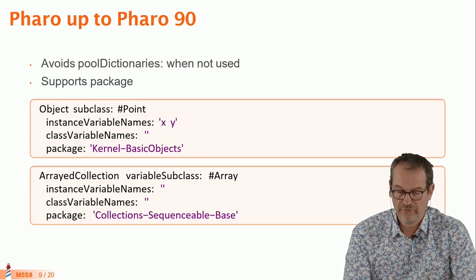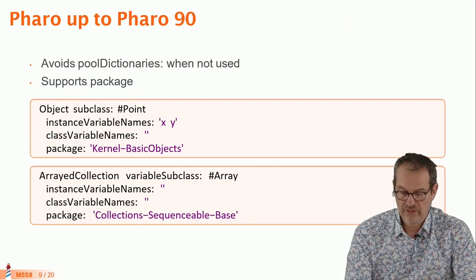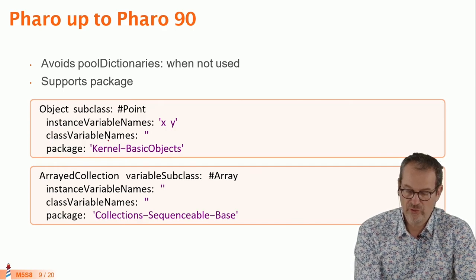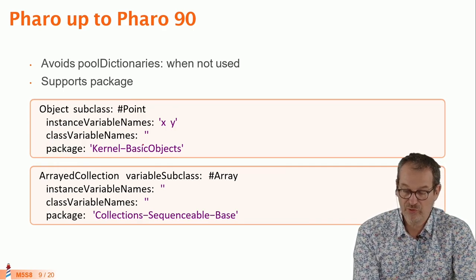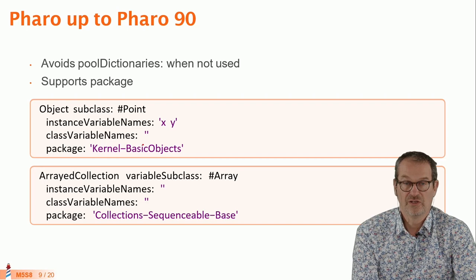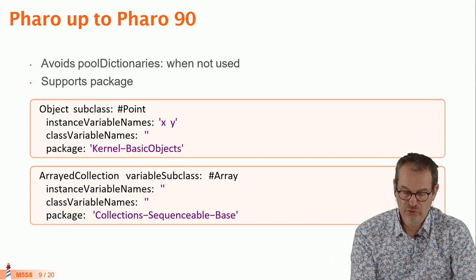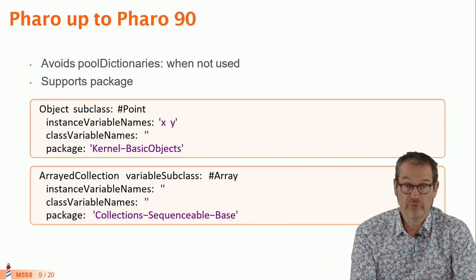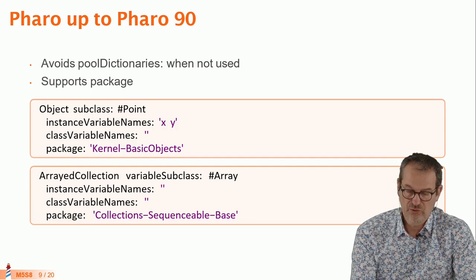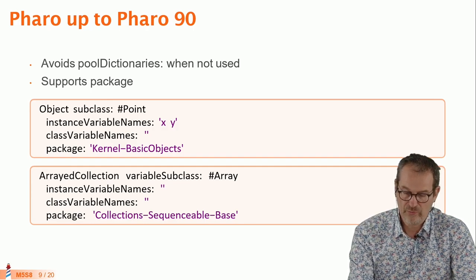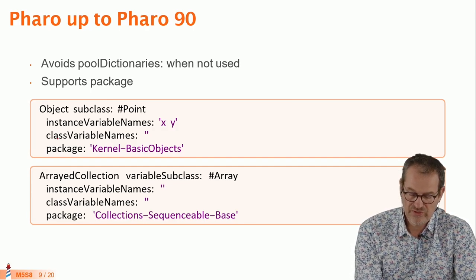So first, up to Pharo 9, we removed one of the parameters. You don't see it anymore because it is not frequent that people use shared pools. This is a lecture that you will see in the future. Shared pools are handy, but when you don't use them, why do I have to specify an empty string? So we just introduced a new version where you have package instead of category and no pool.